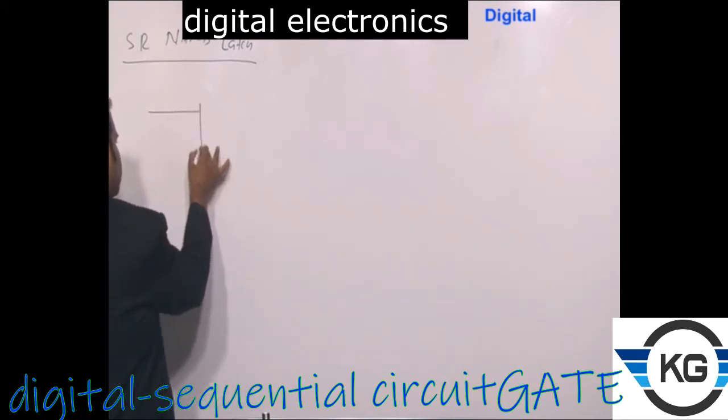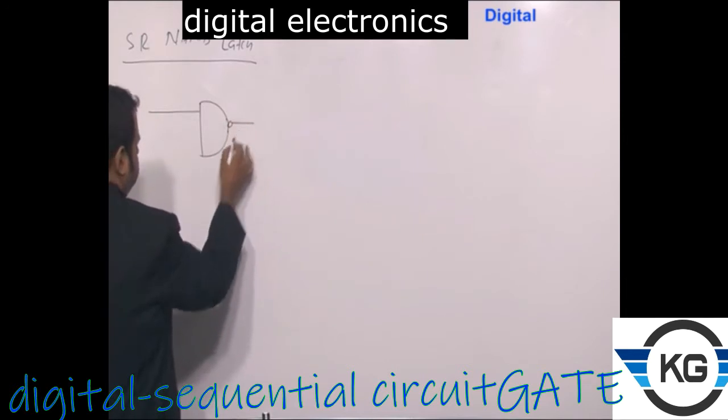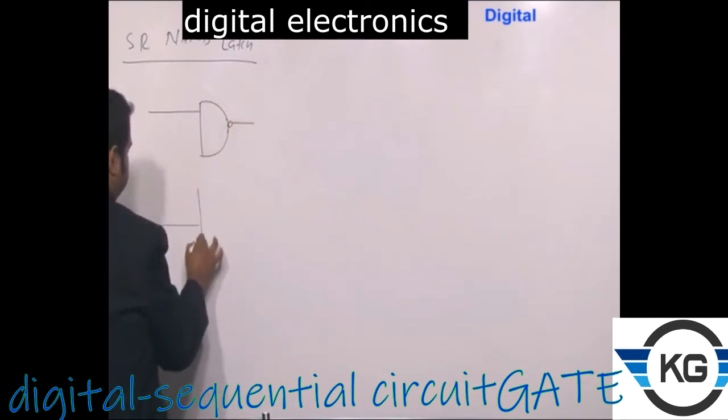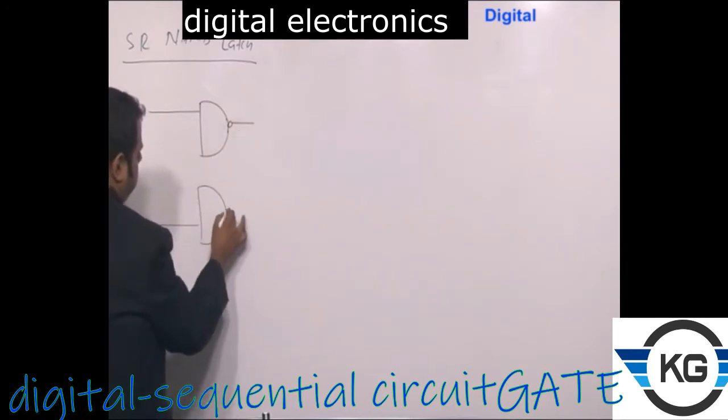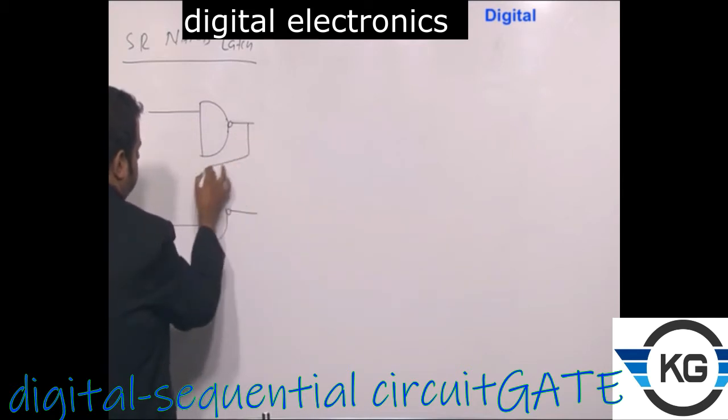I am giving you a systematic approach. First of all, let me give you the circuit of this SR NAND latch. This is nothing but two cross-coupled NAND gates. So like this, I am taking here two cross-coupled NAND gates.